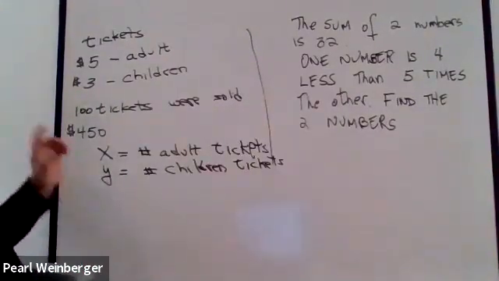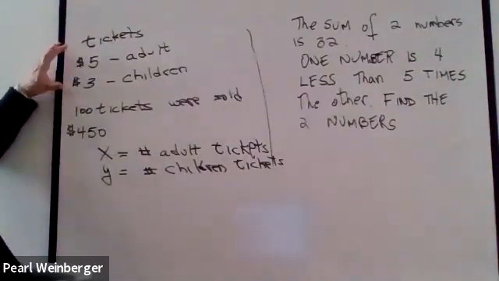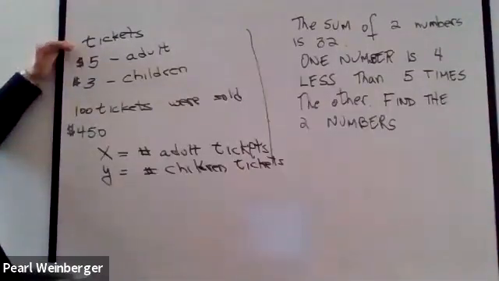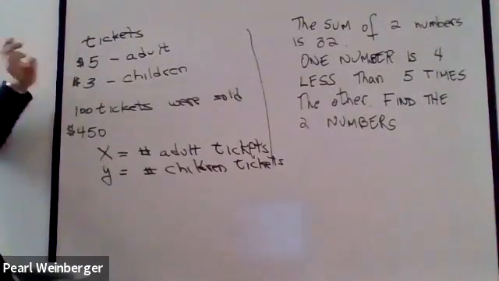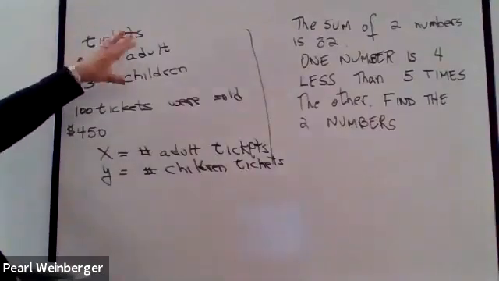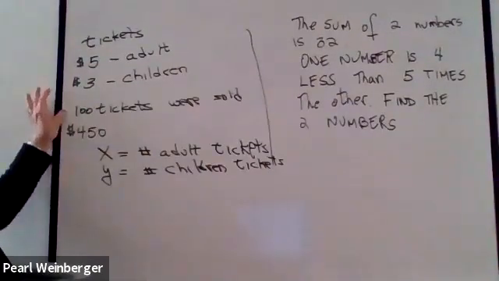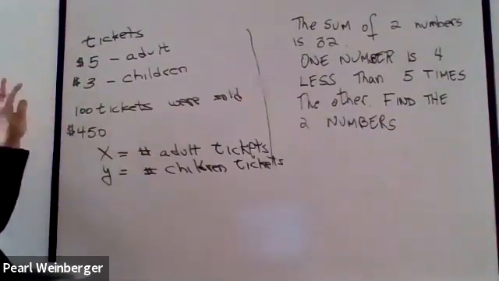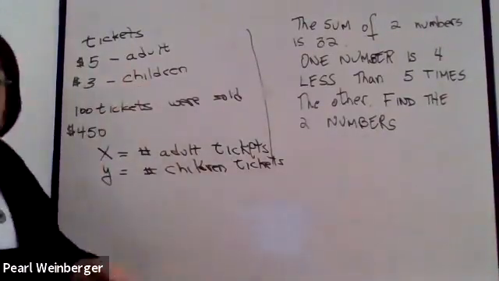Now I go back and I read my information. One bit of information tells me the price of each adult ticket and the price of each children's ticket. We have that written down. Now let's look at the major information at the bottom. 100 tickets were sold.